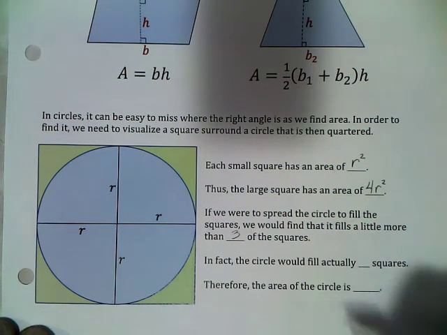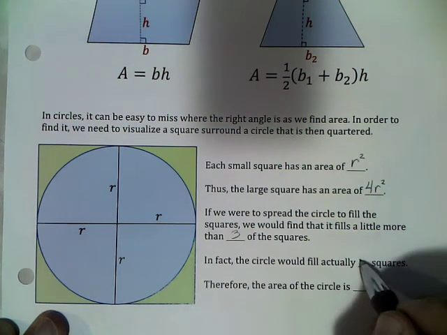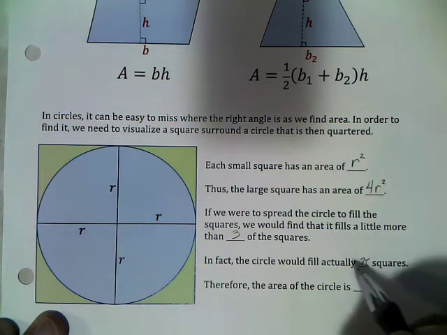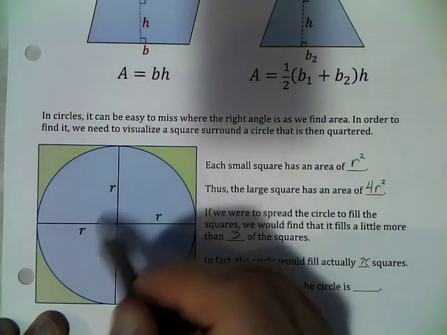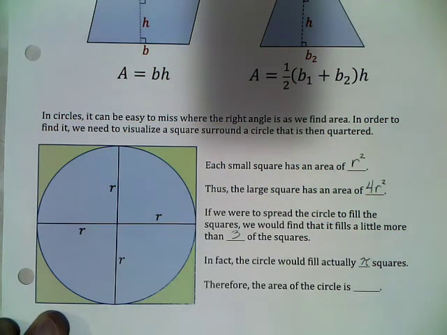In fact, the circle would fill actually pi squares. So that's where that number pi comes in. So you would have approximately 3.14 squares that would be filled in. So you'd have 3 squares completely filled in and about 0.14 of this square filled in.